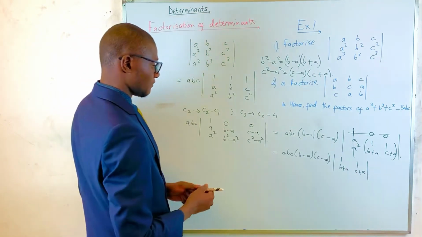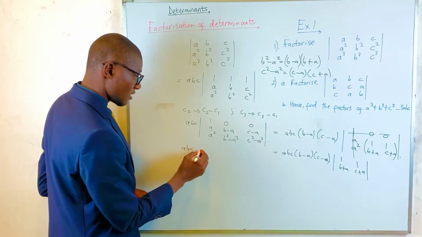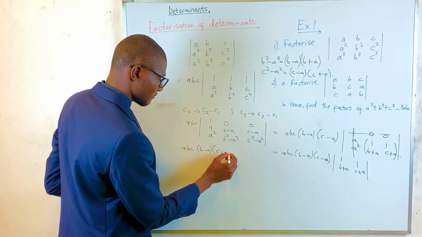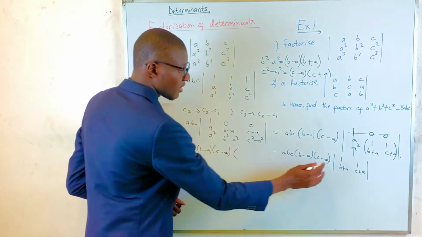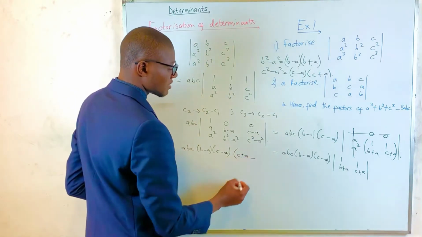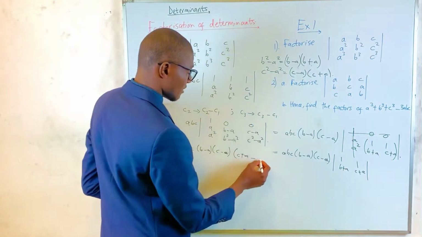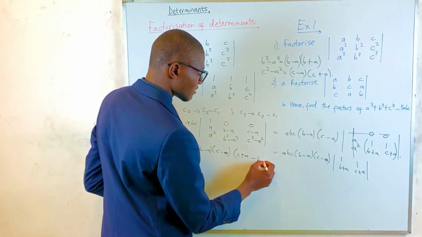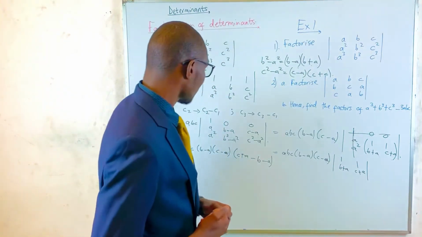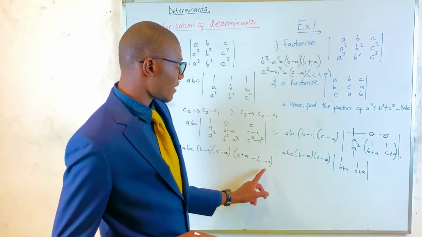Continuing with our calculation, we have a, b, c, b minus a, c minus a, multiplied by 1 times c plus a, minus 1 times b plus a. This is just minus b minus a, so c plus a minus b minus a.